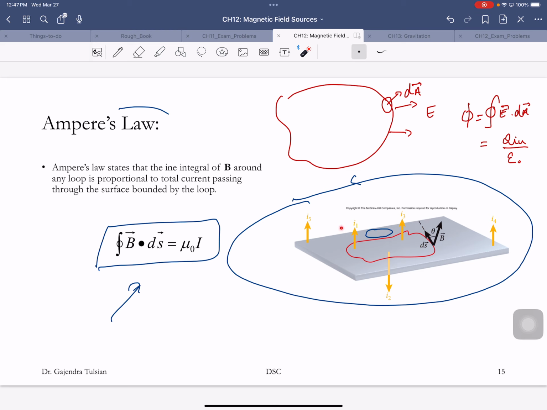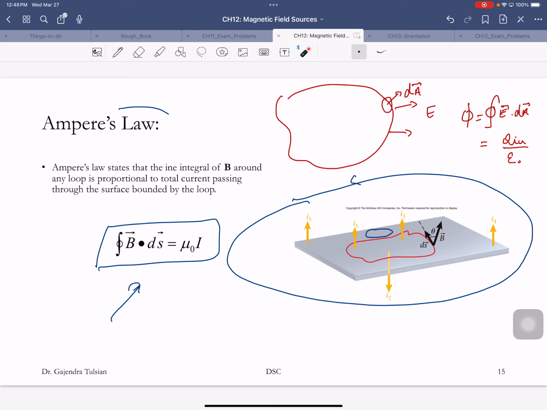All these currents are producing a magnetic field all around them. You can draw any loop, take the line integral around that loop, and the value of that line integral would be equal to mu naught times the total current threading that loop.